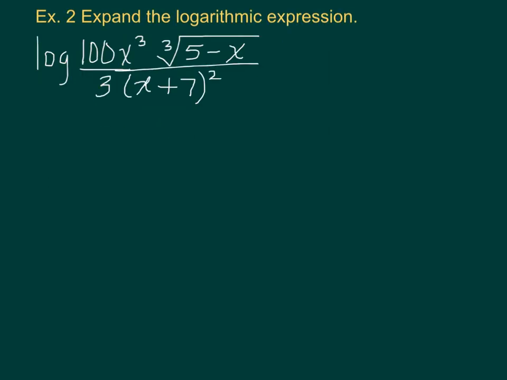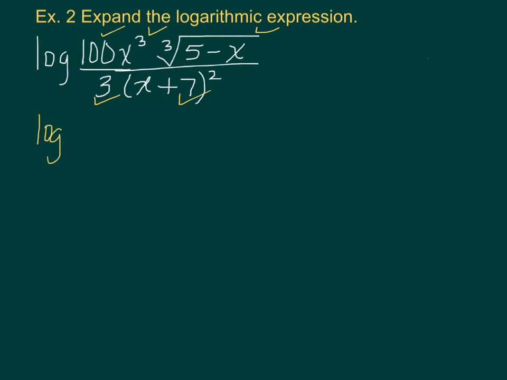And then the last example, notice there are 1, 2, 3, 4, 5 terms that I am expanding. Okay, so just remember, 5 terms. All right, so here we go.